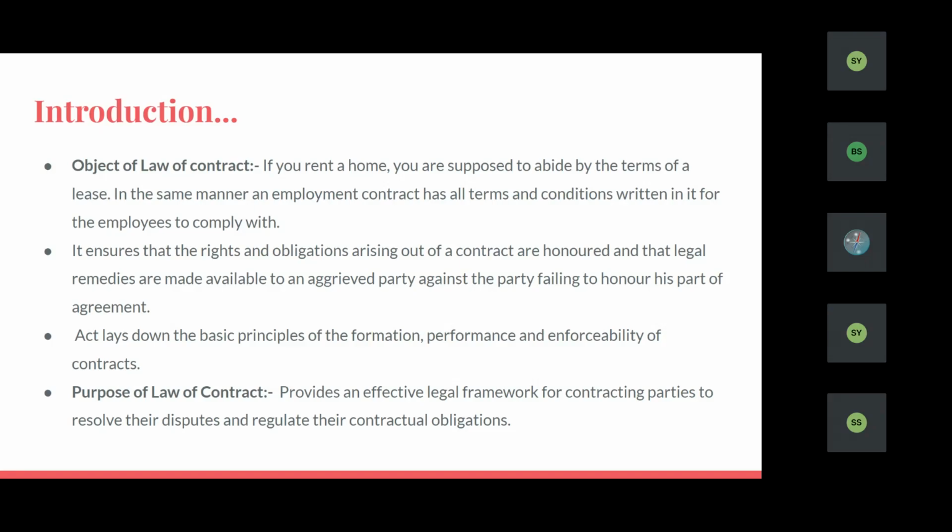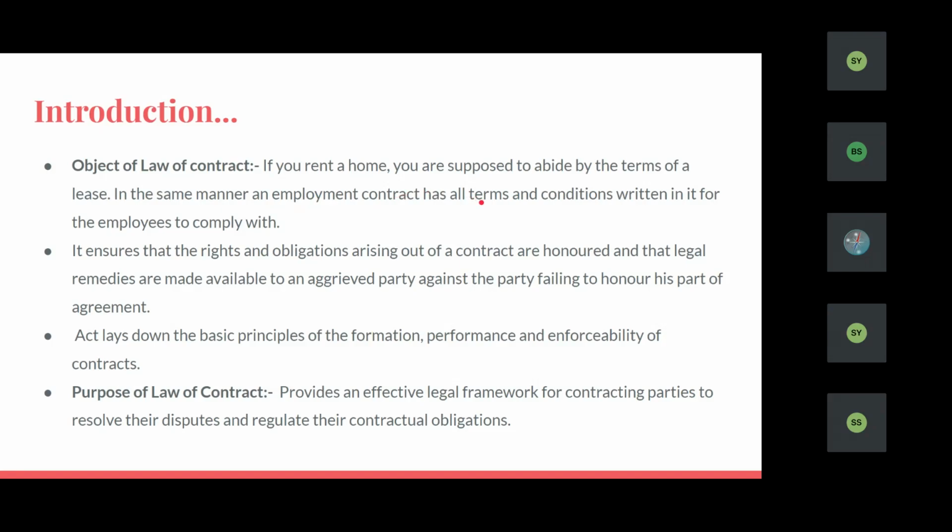In the same manner, an employment contract has all terms and conditions written in it for the employees to comply with. Now you got a job at some workplace.